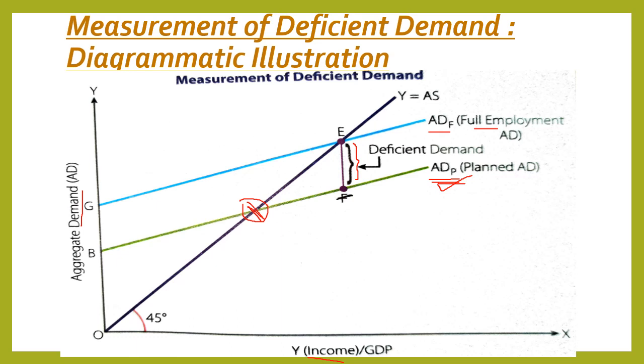And if the AD is this ADF, the point E shows equilibrium with full employment. So the vertical difference between these two graphs, ADF and ADP, is deficient demand.